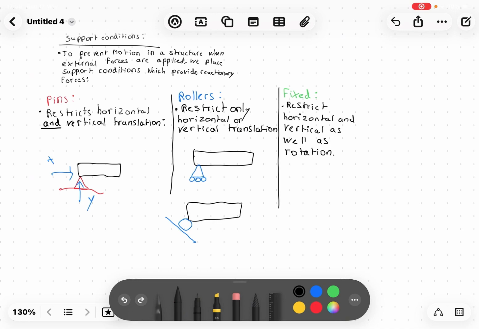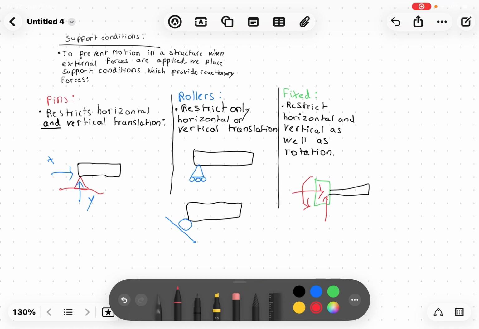Fixed. Fixed is basically, logically, fixed. The forces this one has are that it goes upwards, it goes like this also, but it also has a moment that goes like this.